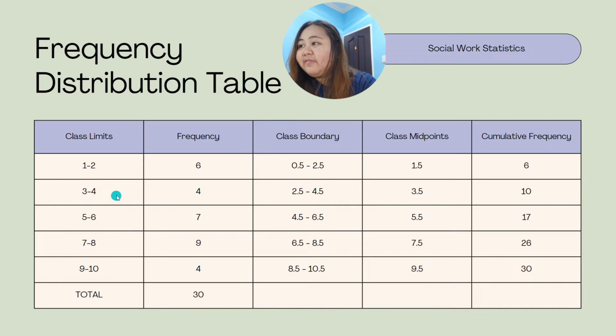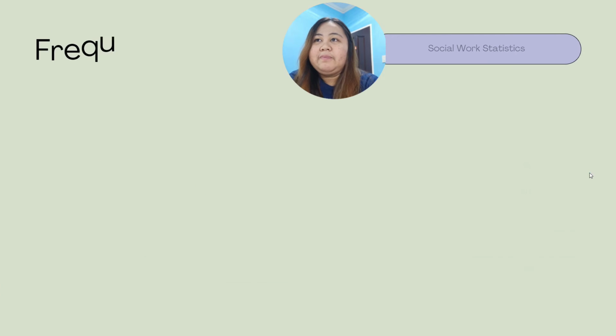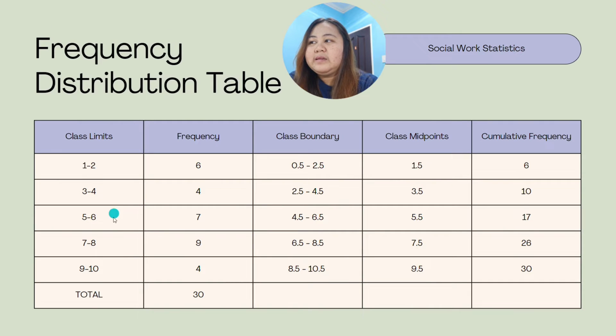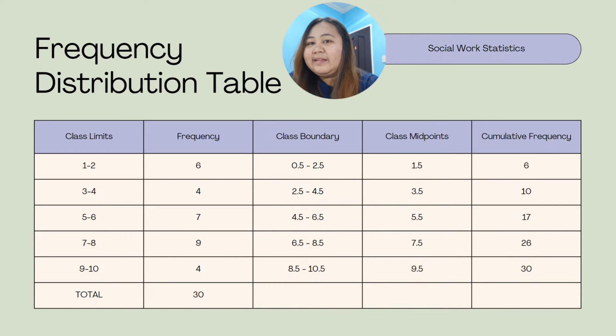We have 5 because our number of classes is 5.8 or 6 approximately. We put 5 because it is the limit of our given data, 10, the highest number. So the interval is 2. So 1 to 2, 3 to 4, 5 to 6, 7 to 8, and 9 to 10.